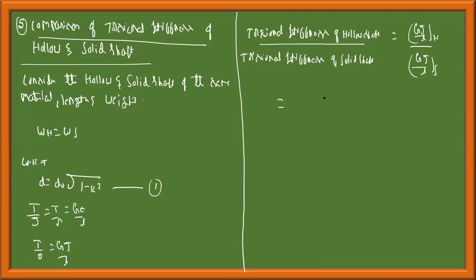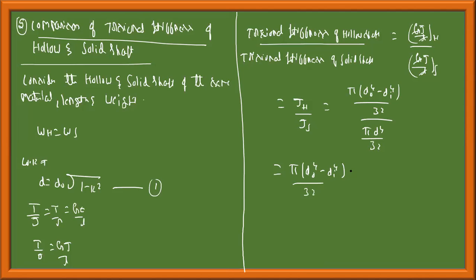Since G and L are same, the material of hollow shaft and solid shaft is same, and length of hollow shaft and solid shaft is same, therefore torsional stiffness of hollow shaft by torsional stiffness of solid shaft is nothing but J of hollow by J of solid, which is equal to pi d naught power 4 minus di power 4 by 32 by pi d power 4 by 32, or d naught power 4 minus di power 4 by d power 4.